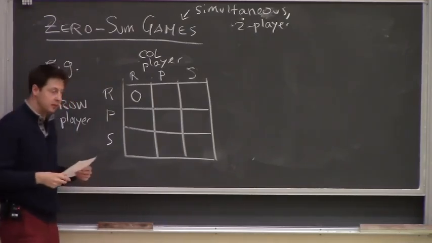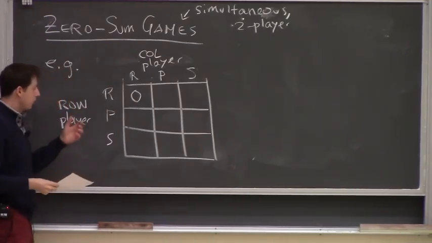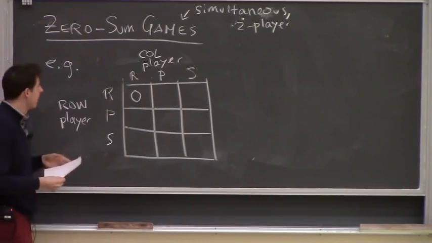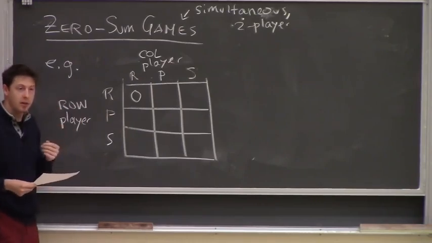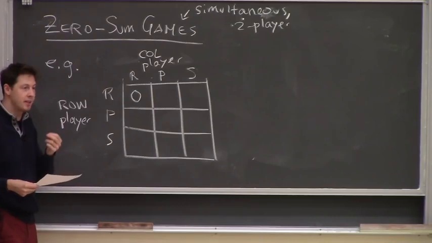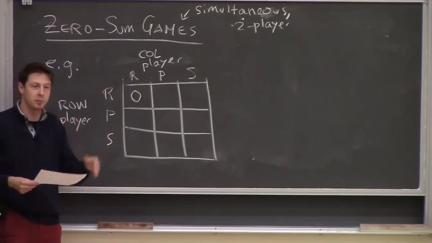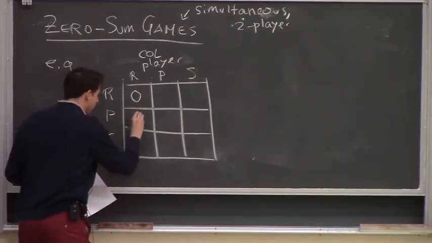So now we have to make some choice about what we're actually putting inside the cells. In zero-sum games, we say that any unit of winning of one player is the same as a unit of losing for the other player. So we're just going to write 1 here.